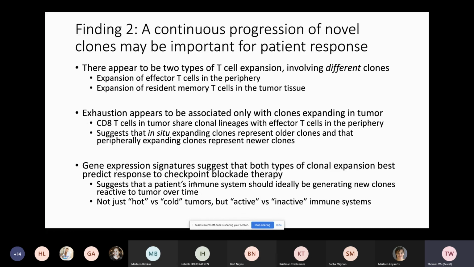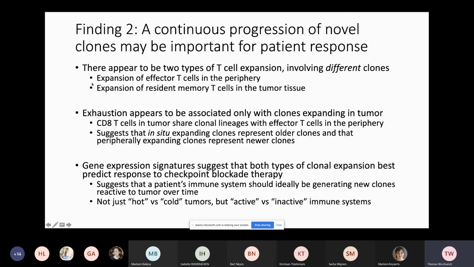Our second main finding is the relationship between expansion and exhaustion, and the idea that clinical response really is dependent upon the patient's continual response to the tumor. In other words, the patient needs to be continually generating novel clones to be optimally effective against the tumor.